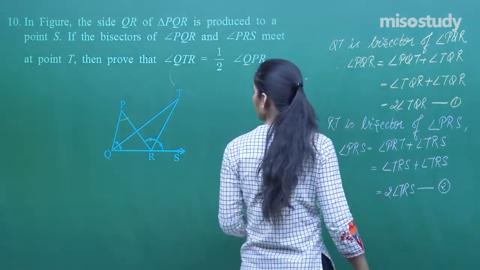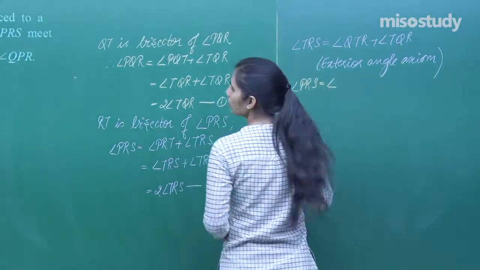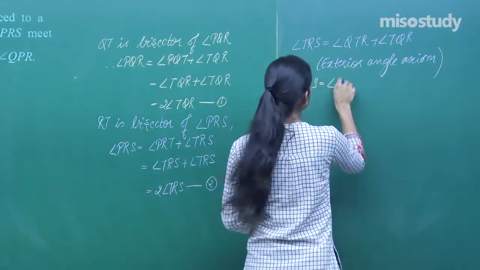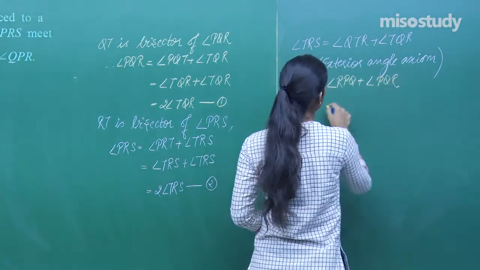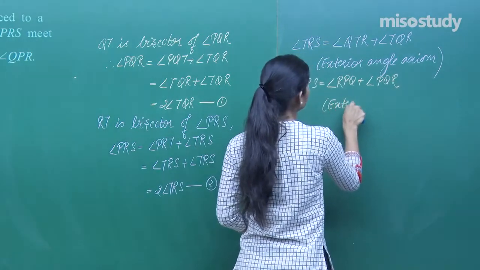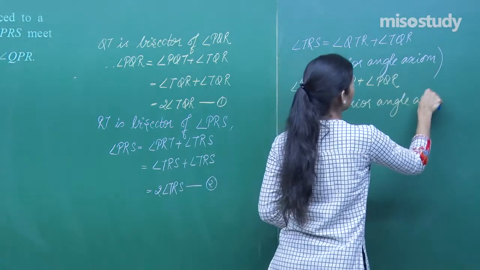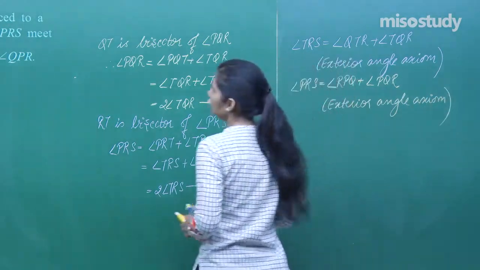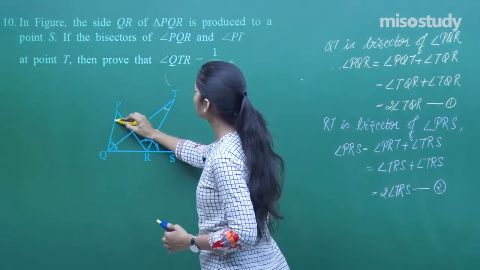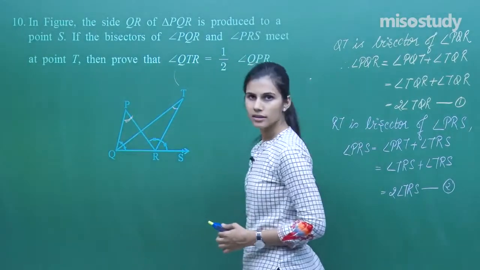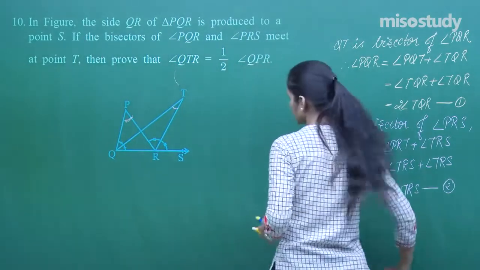So I have angle PRS is equal to angle RPQ plus angle PQR, again by exterior angle axiom. You have to show angle QTR, this angle is half of angle QPR, this angle. How do you plan to show this?